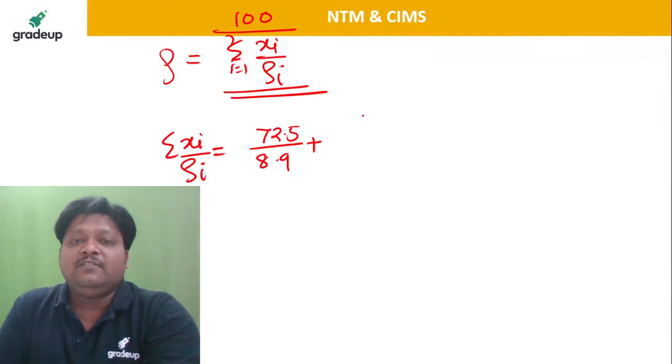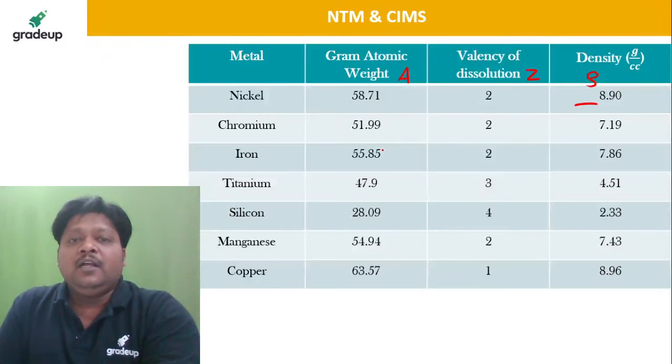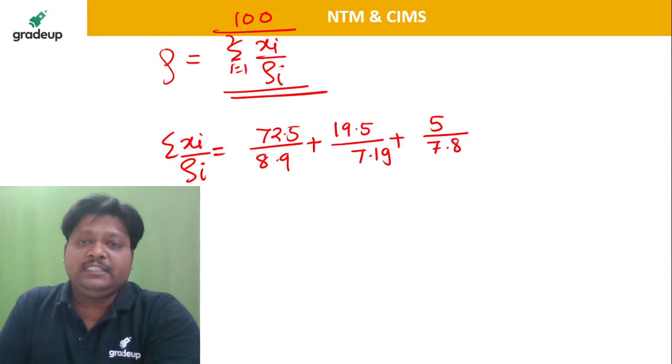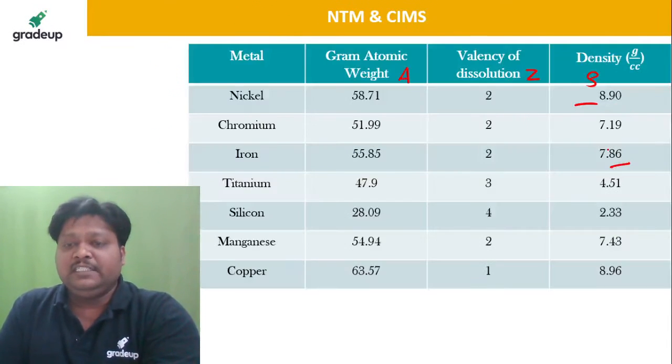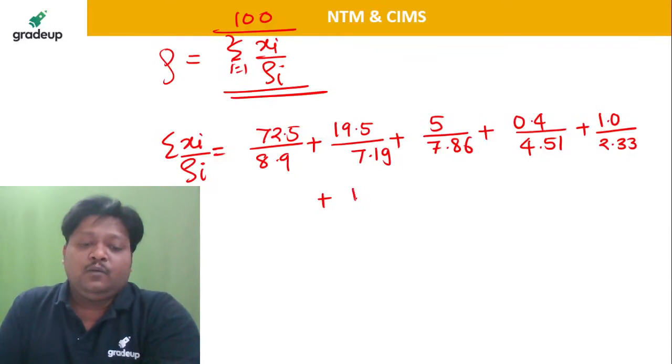It is 19.5 divided by the density of chromium, 7.19, plus then there is iron. How much percent is there? Iron 5%, 5 divided by the density of iron, 7.86. Like that, if you write all the things: 0.4 divided by 4.51, plus 1.0 divided by 2.33, plus 1.0 divided by 7.43, plus 0.6 divided by 8.18.